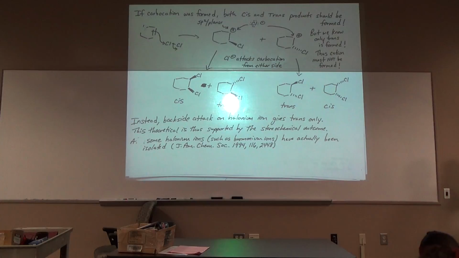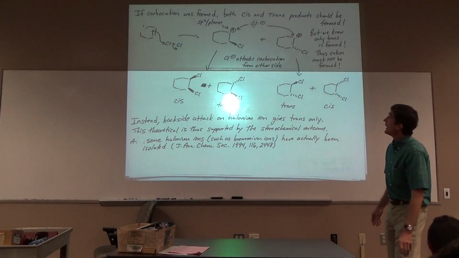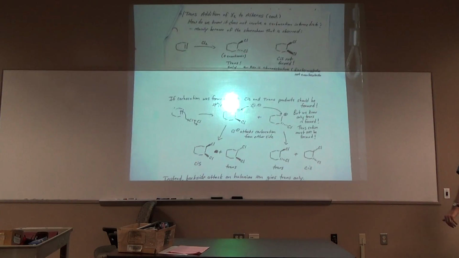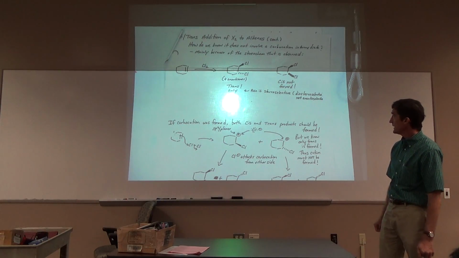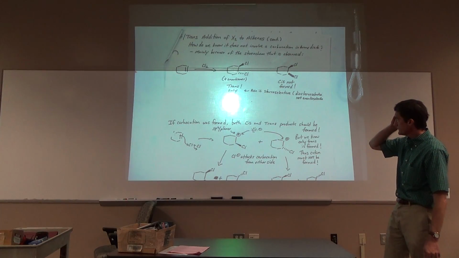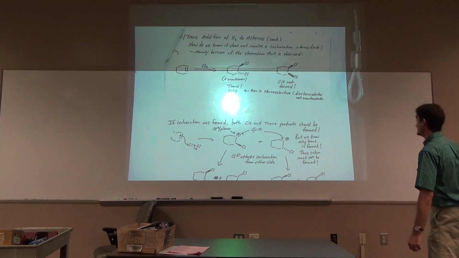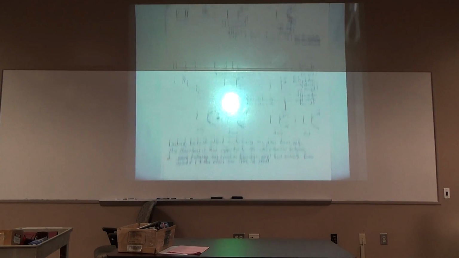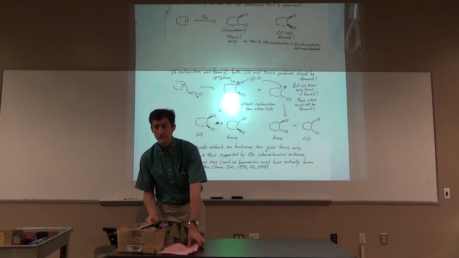This was the reaction with X2, chlorine or bromine. We talked about why you only get trans. It comes from backside attack of the bromonium ion or the chloronium ion. Any questions about the mechanism for a reaction with bromine or chlorine?